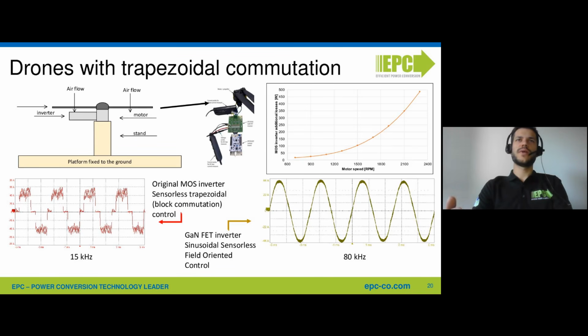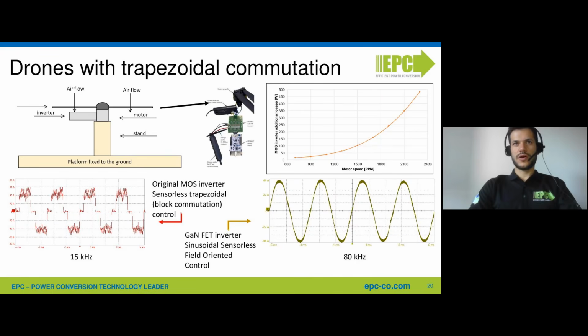And then we have made the difference. So we have observed that more electrical power was required to deliver the same mechanical power to the propeller in the case of the MOSFET inverter with respect to the gallium nitride inverters. The difference in terms of input power required to run the motor is reported on the graph that you can see on the top right.